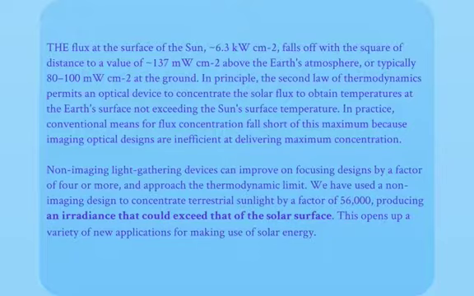So in this paper, non-imaging light gathering devices can improve on focusing design by a factor of 4 or more and approach the thermodynamic level. They say: we have used a non-imaging design to concentrate terrestrial sunlight by a factor of 56,000. So that's their concentration factor, producing an irradiance that could exceed that of the solar surface. This opens up a variety of new applications to make use of solar energy.